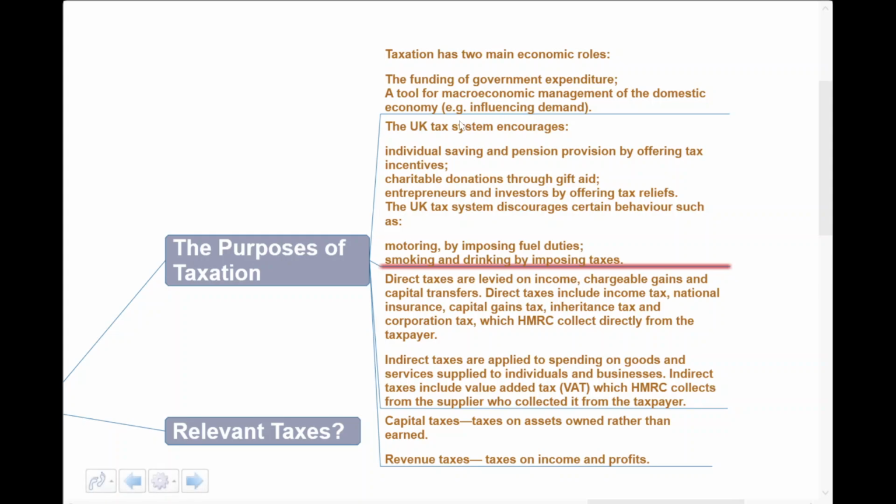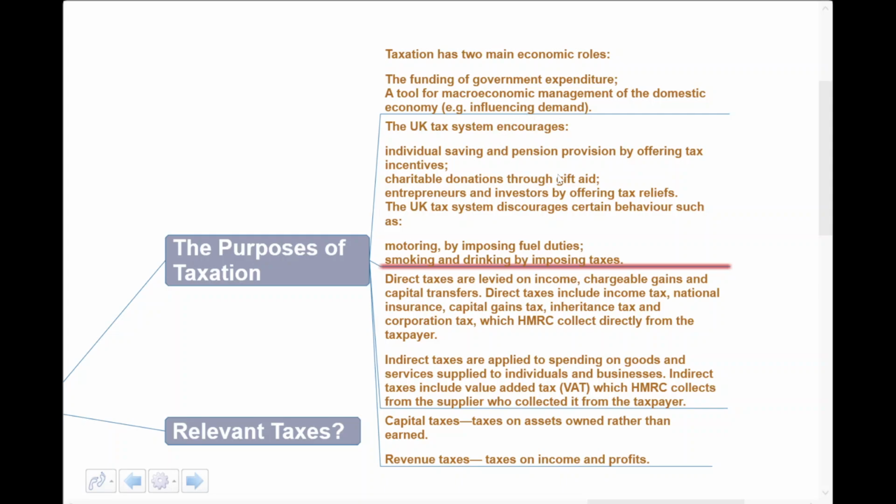Outside of that, the UK tax system, like many other jurisdictions, encourages and discourages some things. First is the area of saving and pension provision. What do I mean by that? Well, in essence, under the UK tax system, you'll get benefits, or tax breaks, if you will, by investing for your retirement.